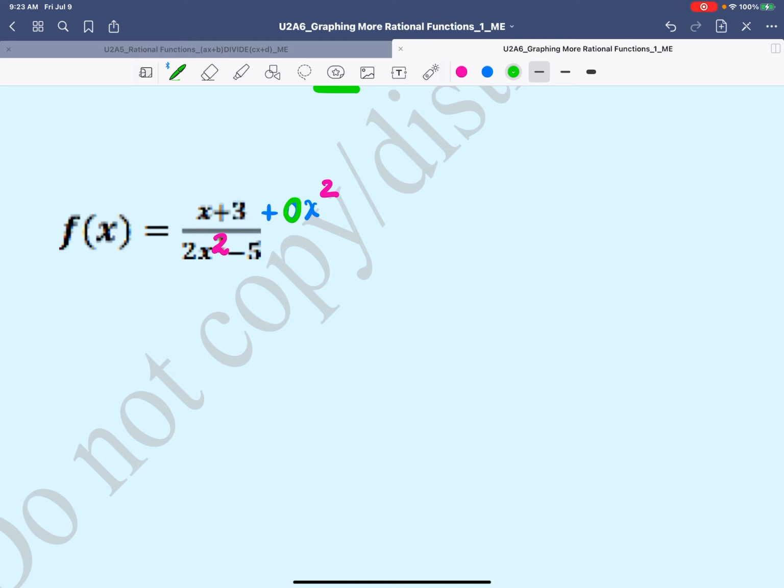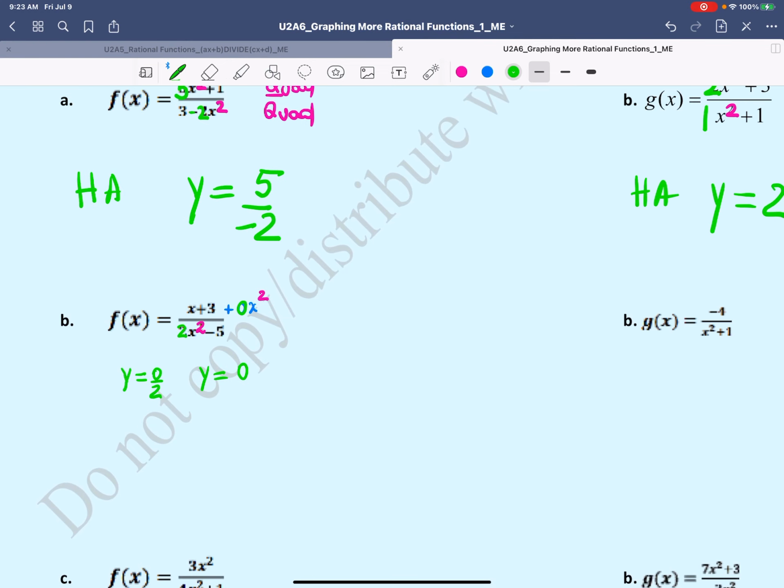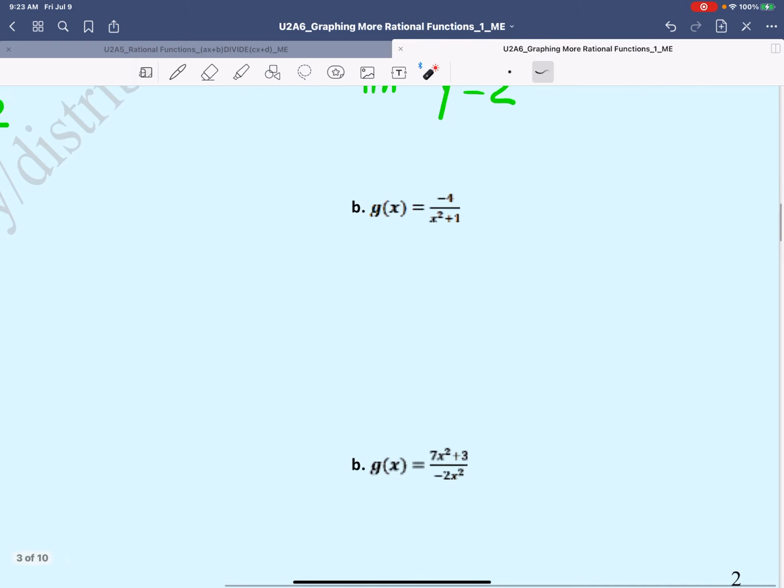So here we have 0, here we have 2. That means that the horizontal asymptote is y equals 0 over 2 or y equals 0. Remember that you can either state the asymptote as y equals 0 by comparing the degrees, linear over quadratic, or you can remember the rule that we need to check for the highest degree term of the function. And if we're missing it, then we give it a coefficient 0, and that will give us the asymptote.